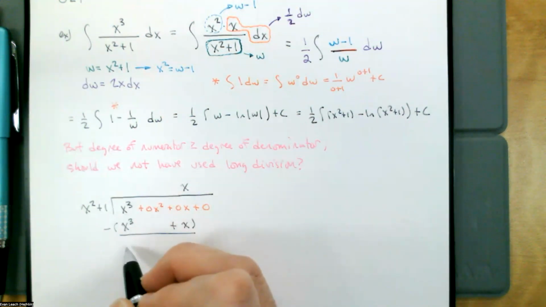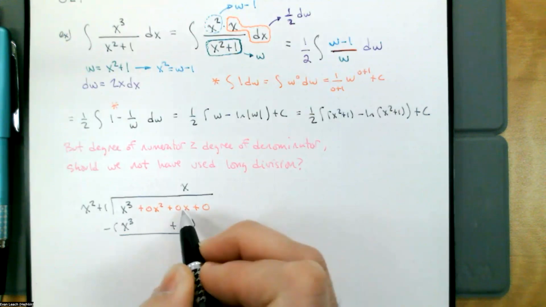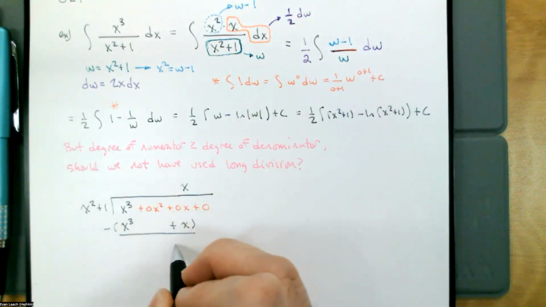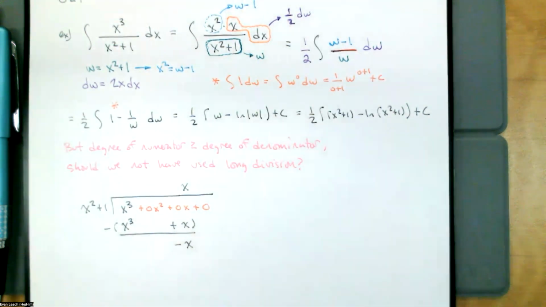X cubed minus x cubed is nothing. 0x squared minus 0x squared is 0x squared. X minus a 0x minus an x is a minus 1x. And at this point, we can't subtract full powers of x. I'd have to multiply by 1 over x. I don't want to get into that. At least not until second.